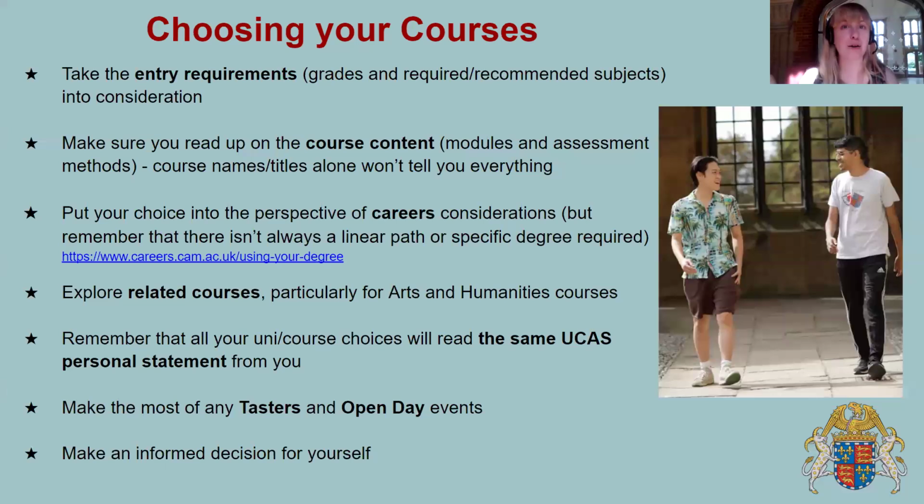It's totally fine to be anywhere on that spectrum of thinking about what you would do post university, but it can be really useful to look at what the graduates of the courses that you're thinking about applying for went on to do. That can be an interesting way of thinking about what course might be right for you. So have a look at the Using Your Degree page on the careers webpage. But remember that there isn't always, and there needn't always be, a linear path.